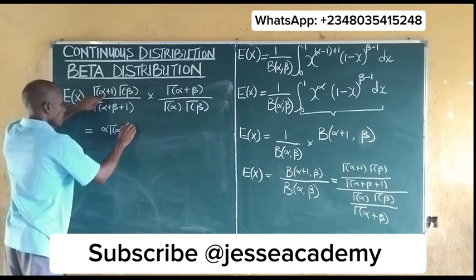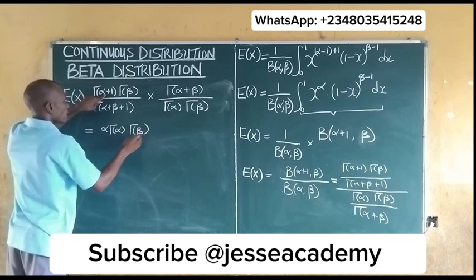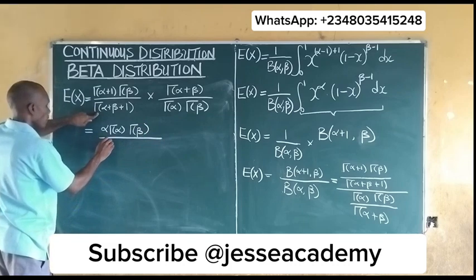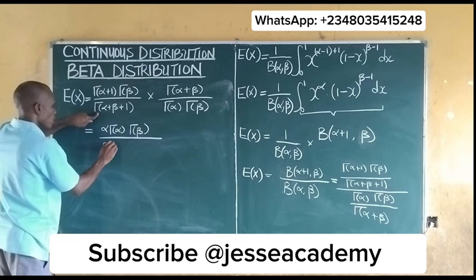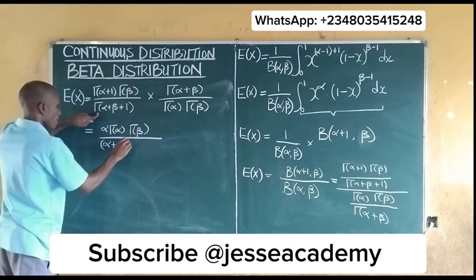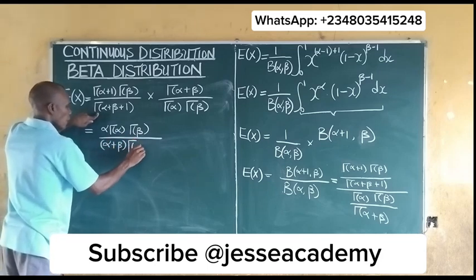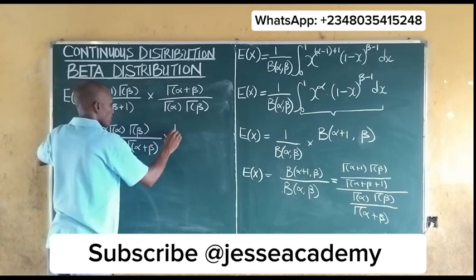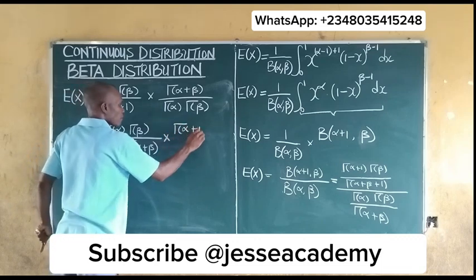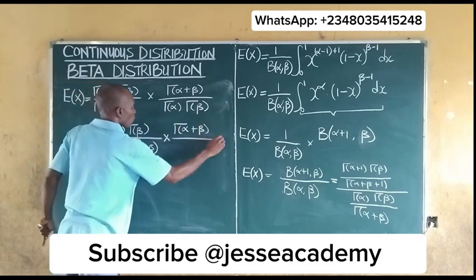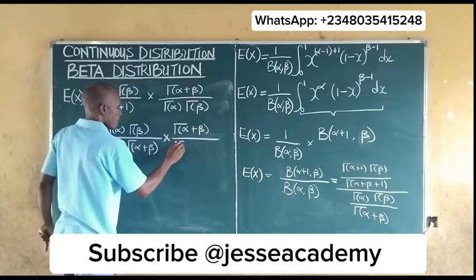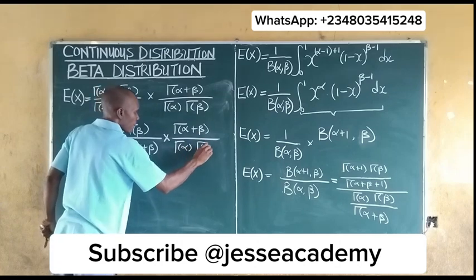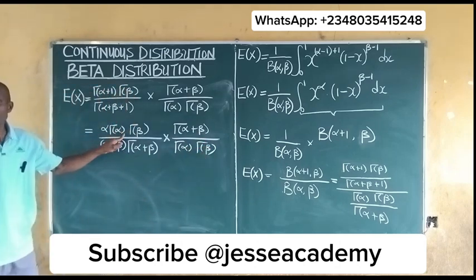Of course, this is the same thing as alpha times gamma of alpha times gamma of beta over, this is the same thing as alpha plus beta times gamma of alpha plus beta, multiplied by gamma of alpha plus beta over gamma of alpha times gamma of beta.